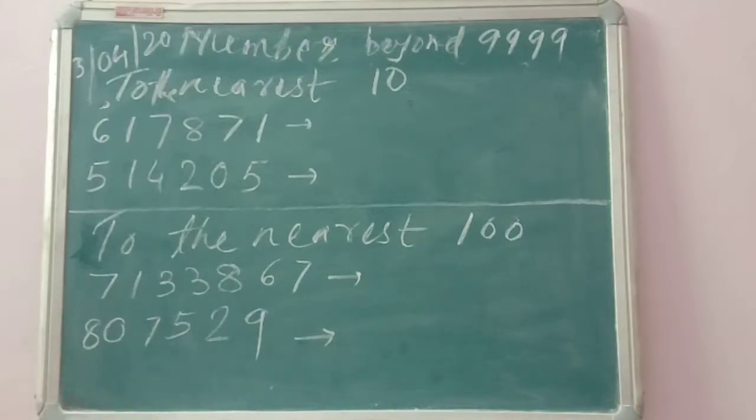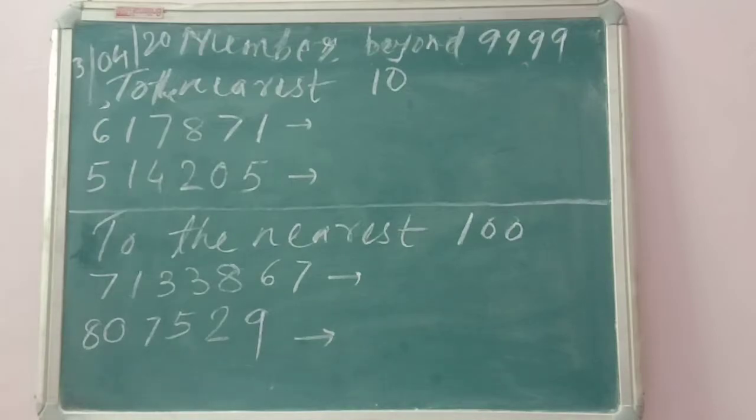There we do the rounding of the numbers. This rounding of the numbers we can do for the tens, hundreds, thousands, 10,000s, and so on. To get the round figure, we can do the rounding off to the nearest 10, 100, 1000, 10,000, etc.